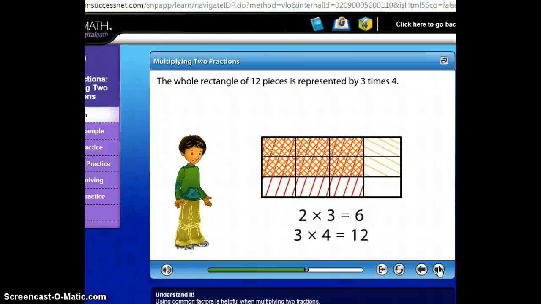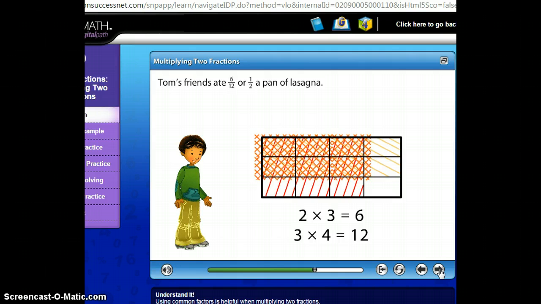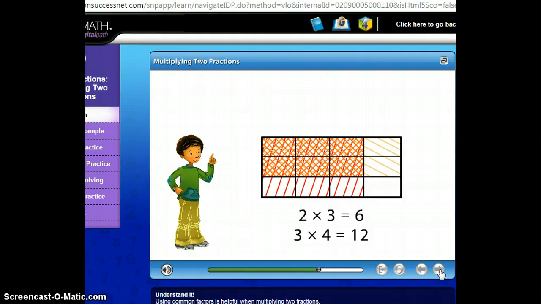We see length times width here, 2 times 3. When we look at the larger rectangle, we see 3 times 4. So, 2 times 3 out of 3 times 4 parts are shaded orange. Tom's friends ate 6/12 or 1/2 a pan of lasagna.